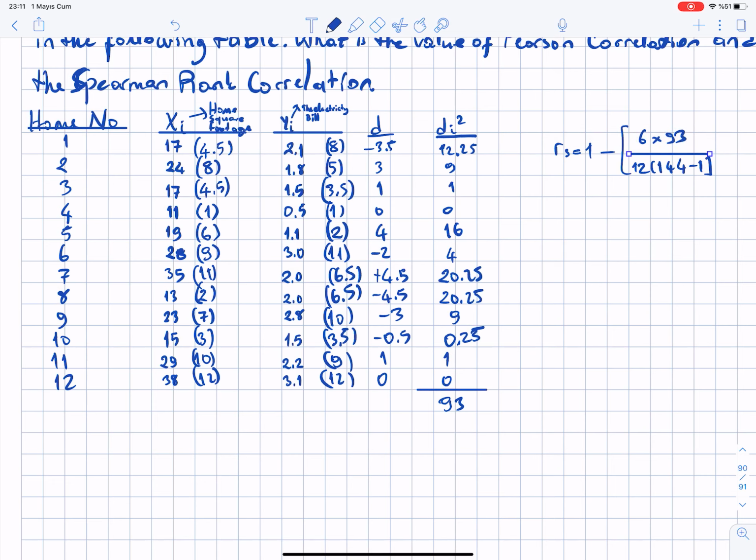If you work it yourself, you'll find the Spearman is 0.675.